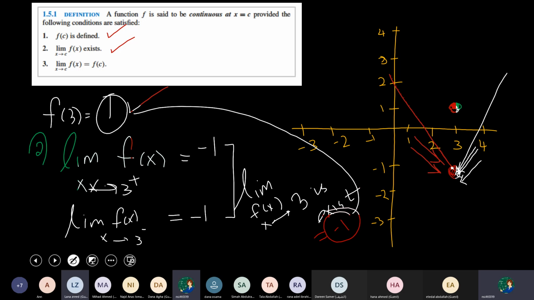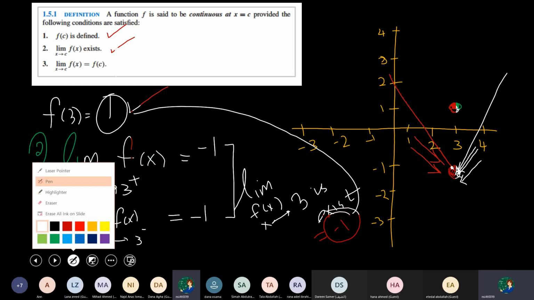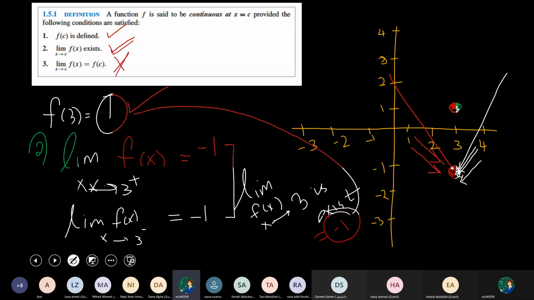No. So because it's no, I will say that this function is not continuous. Teacher, I don't understand the last part. Me too, teacher. Okay.